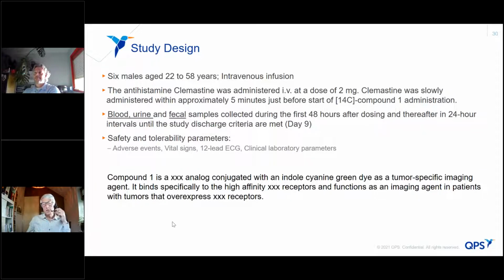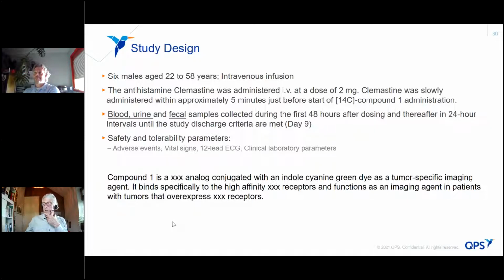It should be noted that in this case, it is not a drug, but it is an imaging agent that is used in patients with tumors that overexpress certain receptors.